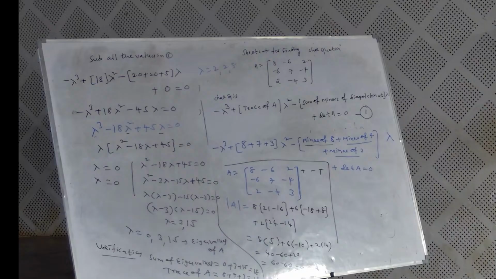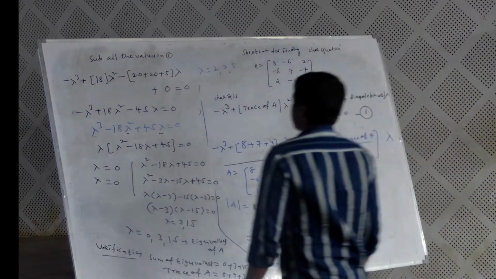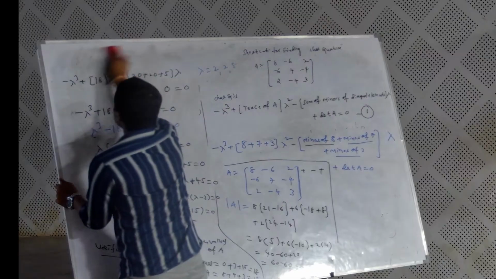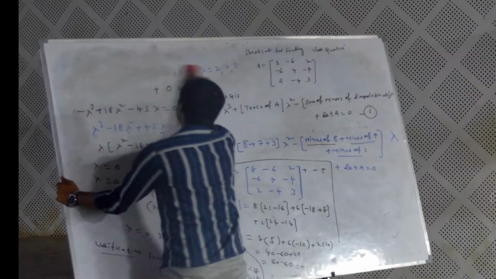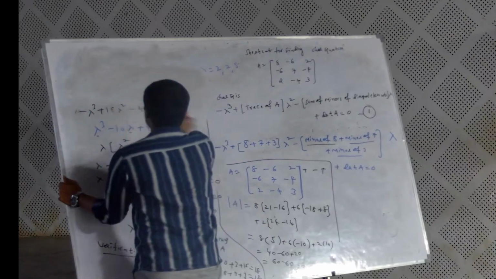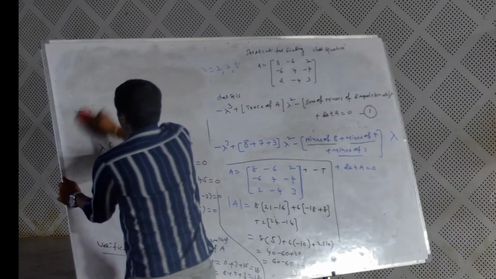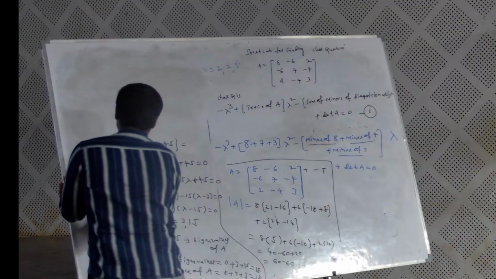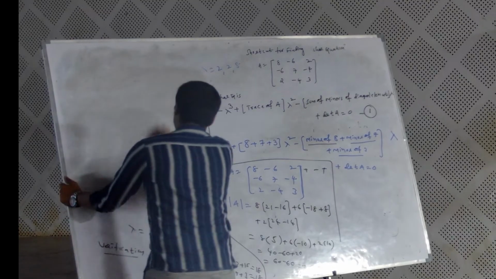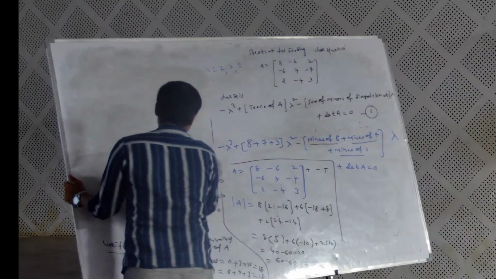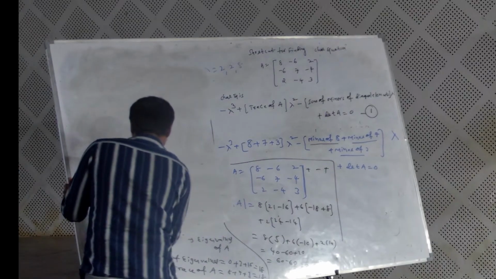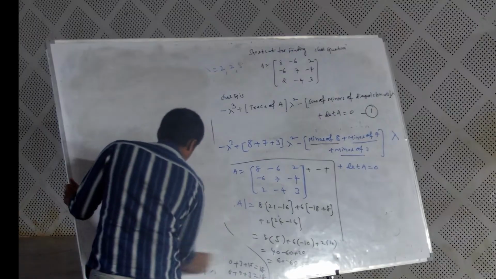Next heading, finding the eigenvectors. Eigenvectors are also called characteristic vectors.